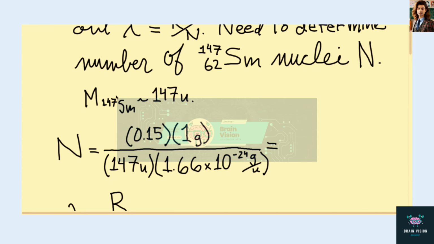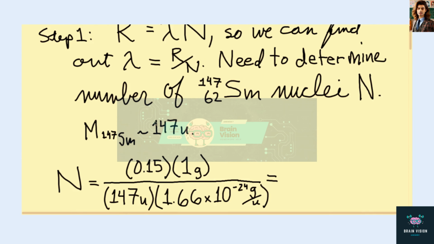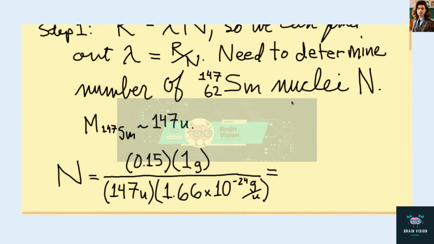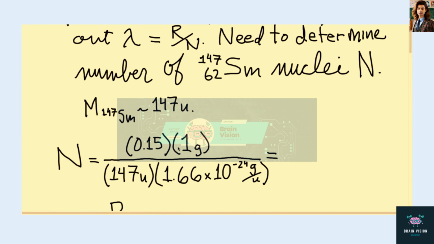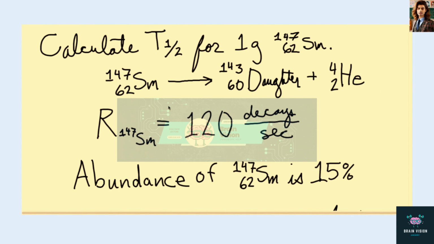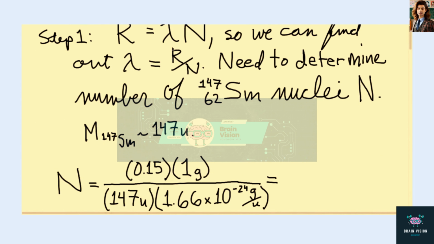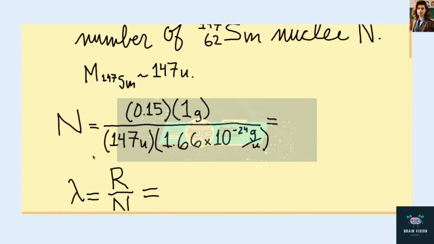We know that the atomic mass is roughly equal to the atomic mass number of an element. We can use that to figure out the number of atoms present of samarium-147 as follows. We enter our 15% abundance times the 1 gram that we're asked to solve for. Both were pieces of information given in the problem.